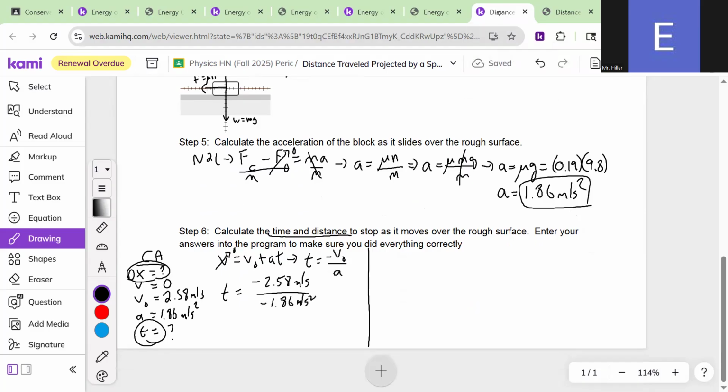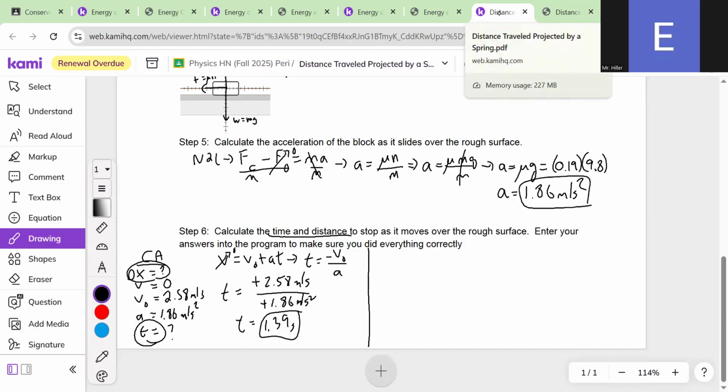Why am I putting in a negative acceleration there? Well, remember, what is the object doing? It's going forward, but slowing down. That's negative constant acceleration. These cancel, of course, giving you the time in which the object will come to rest. So 2.58 divided by 1.86, and in my case, I'm getting 1.39 seconds.